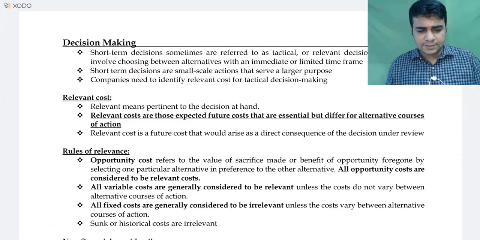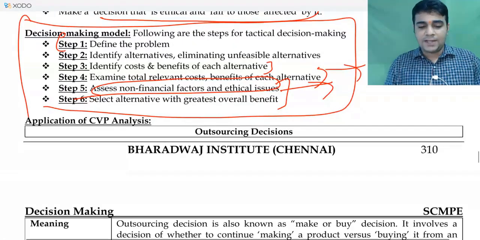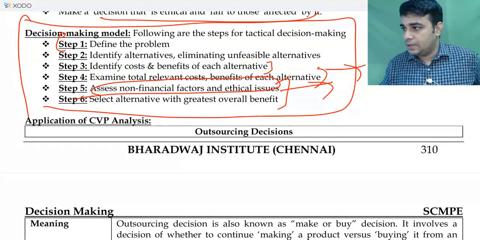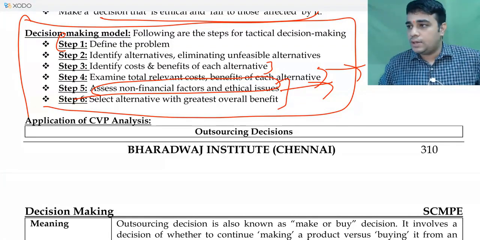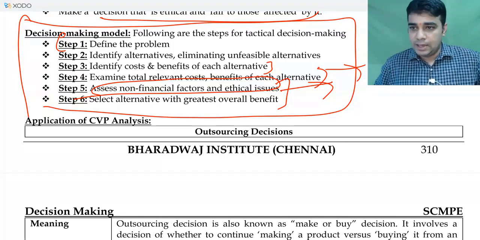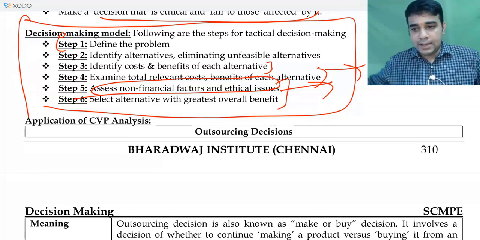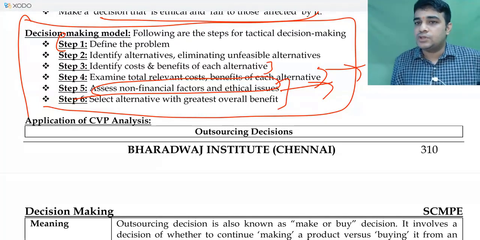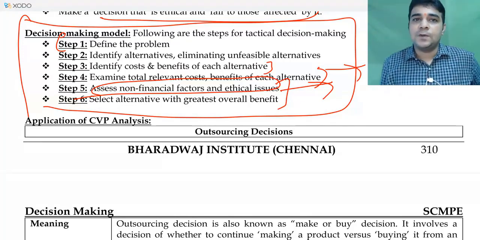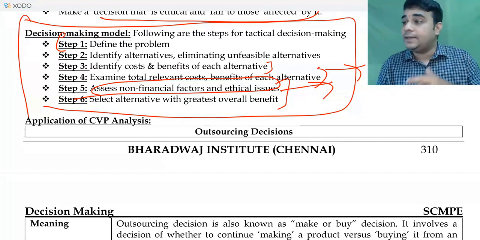Now, I said I'll look at qualitative factors for some specific decisions. The first decision is called the outsourcing decision. There are some 5-6 decisions in your material. Outsourcing decision is otherwise also called make or buy decision. That is, I may outsource a part of the processing work, or instead of making the entire product, I may decide to buy the entire raw material.